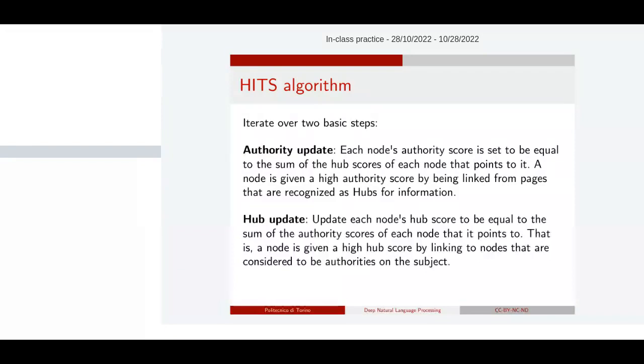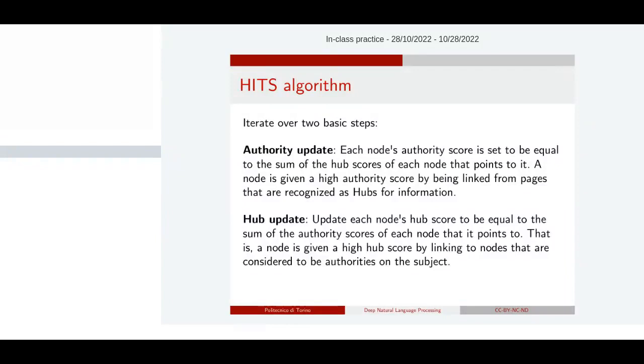And then we have the hub update. So we first update the authority score and then the hub score. For each node, we update the hub score by summing up the authority scores of each node that it points to. So in the first case, the authority of a node is given by the hub scores of the nodes that point to it.